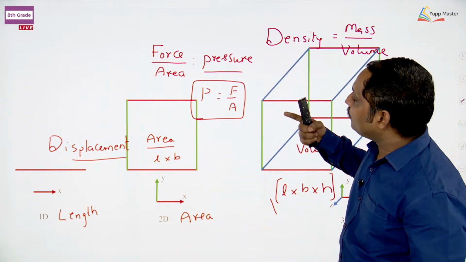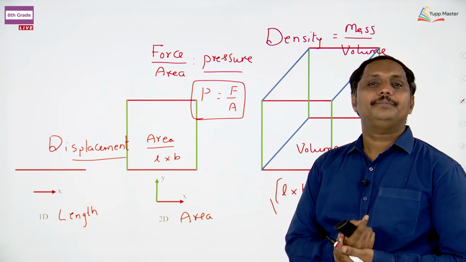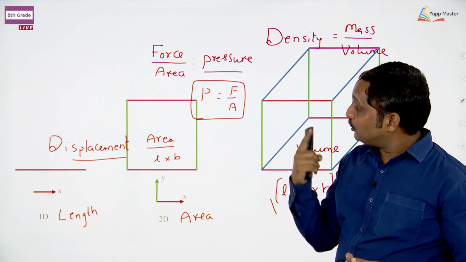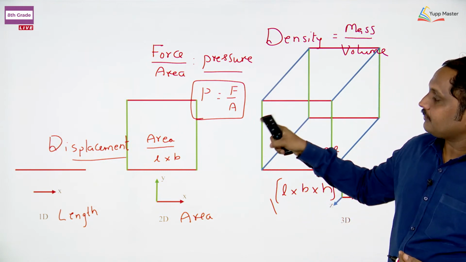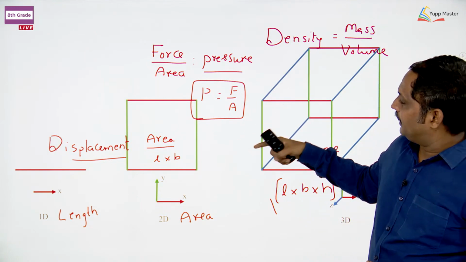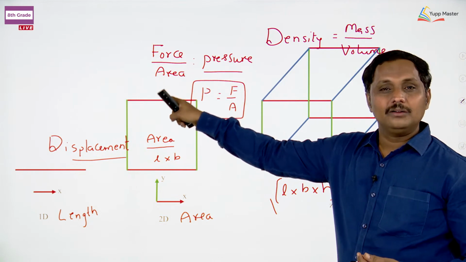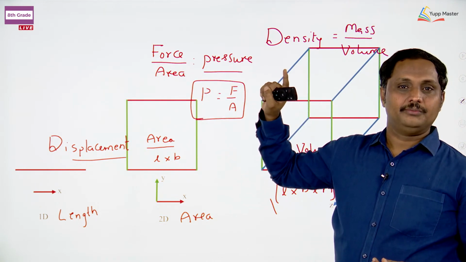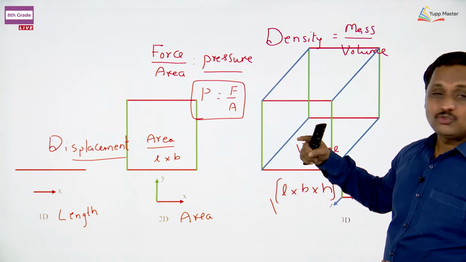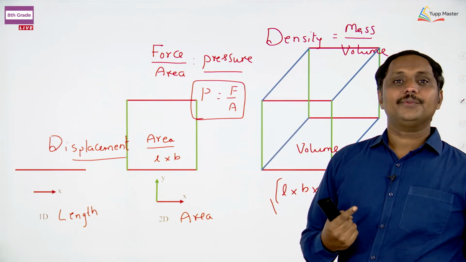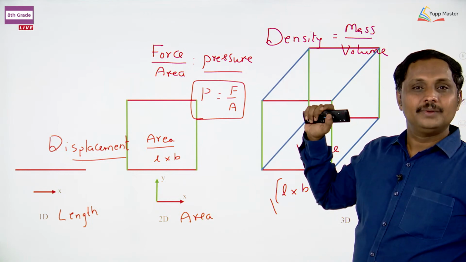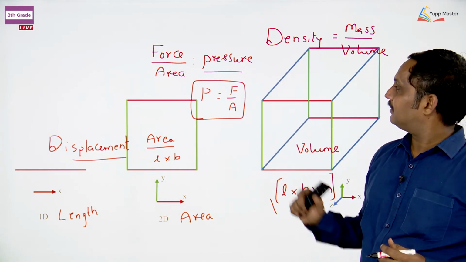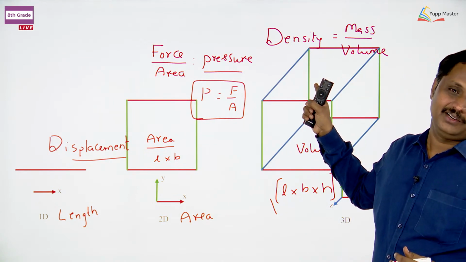If you want to know about different physical quantities, you need to estimate other physical quantities. That is nothing but obtaining the derived physical quantities from others. So some independent quantities are there, some dependent quantities are there.